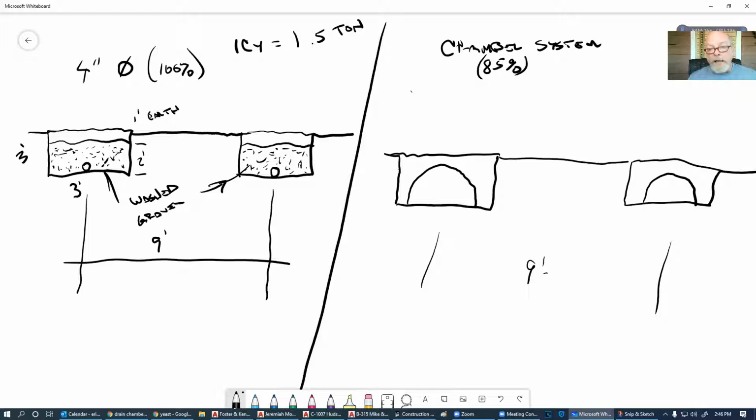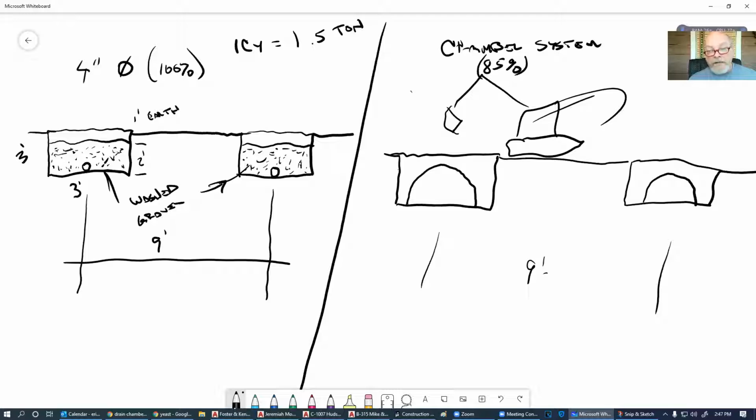Over here, I get my little excavator up in here and I dig, and that's the end of the story. I put my chamber systems in, and then I can use the excavator to cover it up again, as long as I don't drive over it. Don't drive over these either.